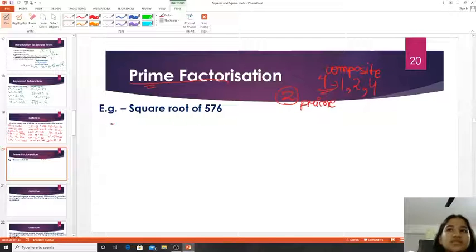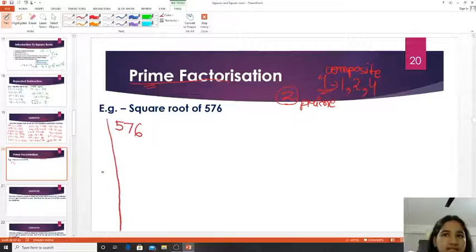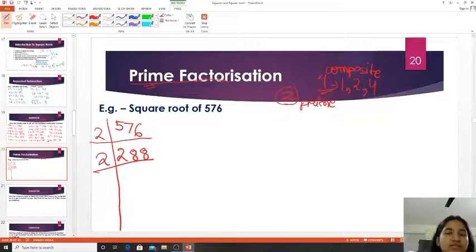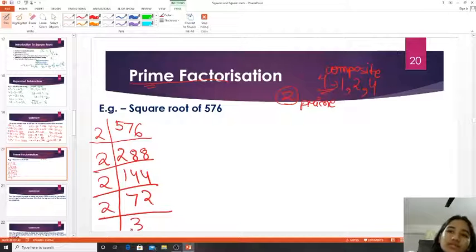So let's proceed. 576. Okay. Let's see, it's prime factorization. 2 8s are 16. Again, we can divide by 2. You have to check the divisibility rule and then proceed. 2 7s are 14, 2 3s are 6, 2 6s are 12.